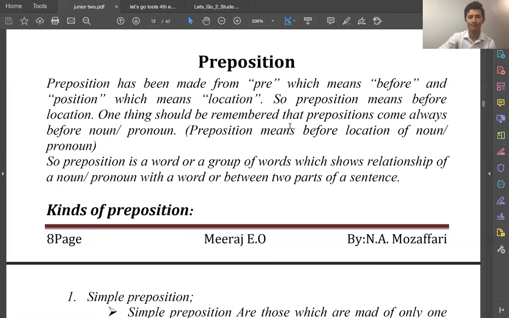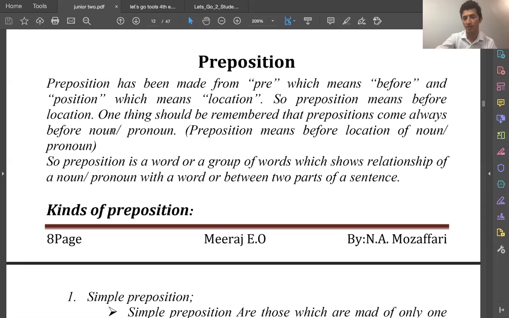Let's go and see that in our book here. Screen share. So here, I want to explain again that preposition has been made from pre, which means before, and position, which means location. So preposition means before location.